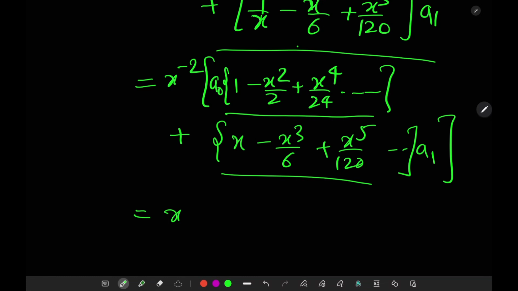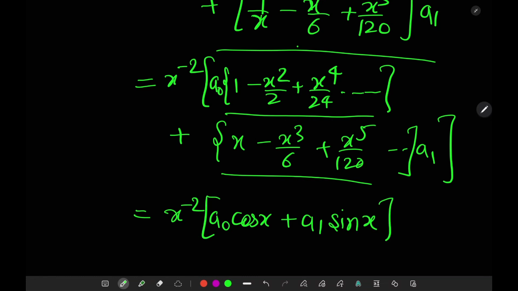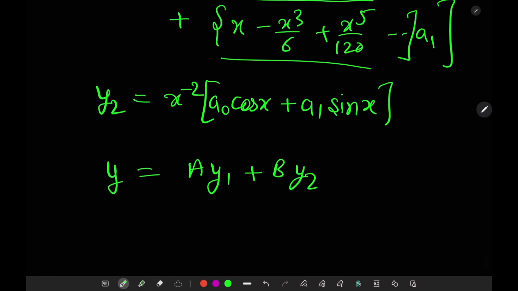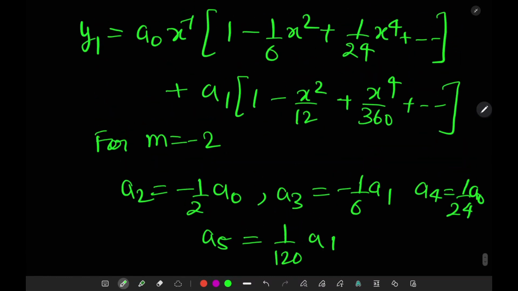So we can write here this. So we can write the general equation like this. This is y2 and this is y1.